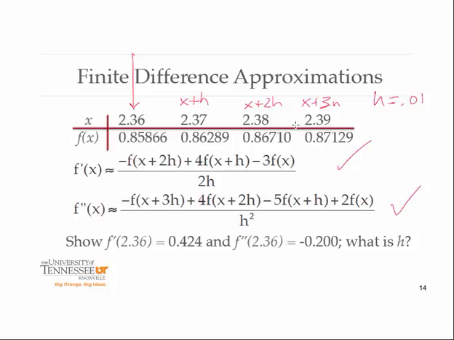So f of x plus 2h in this case would be this particular value, 0.86710. It would go in there, and this would be 4 times f of x plus h, which would be this value here, 0.86289, and so forth. So you can plug in those values, and if you do that, you would be able to show that the derivative would be approximated by this value, 0.424, and the second derivative would be negative 0.200.